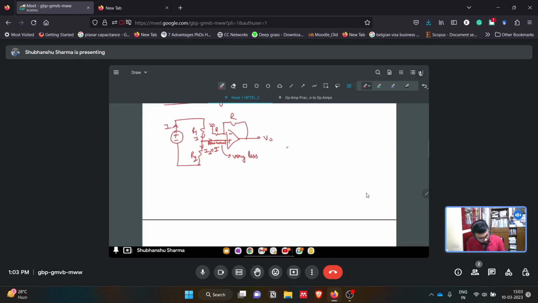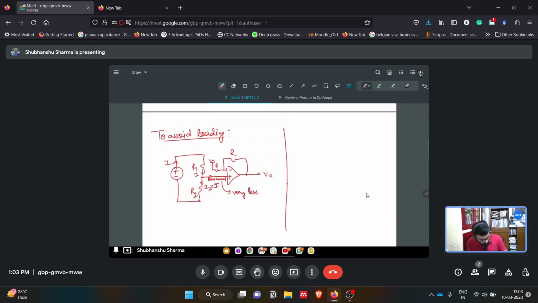Also, one more solution is there. Another solution is that we can use one buffer, after that we can use an inverting amplifier.